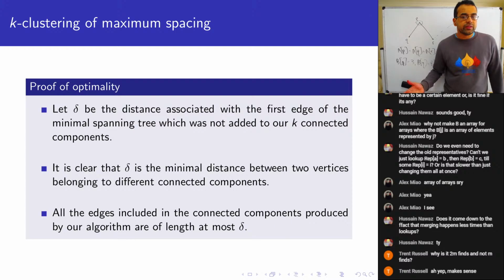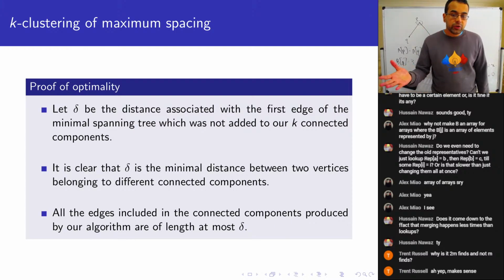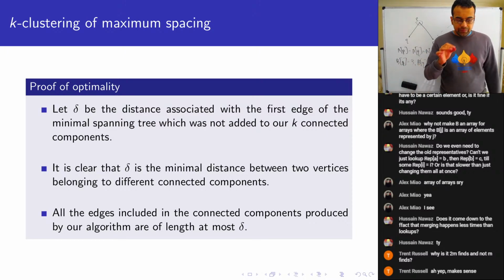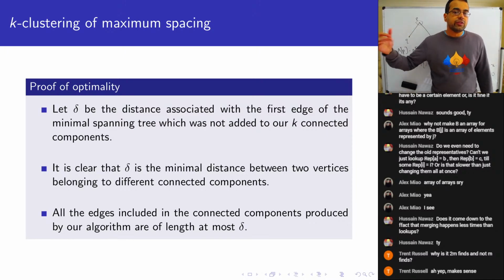And the reason for this is that every edge of length at most delta has already either been included in my forest, or it has been discarded. Either way, it joins two things that are already joined at this point, and therefore every edge of length at most delta is already accounted for. The only edges remaining that could join things in different components have length at least delta.